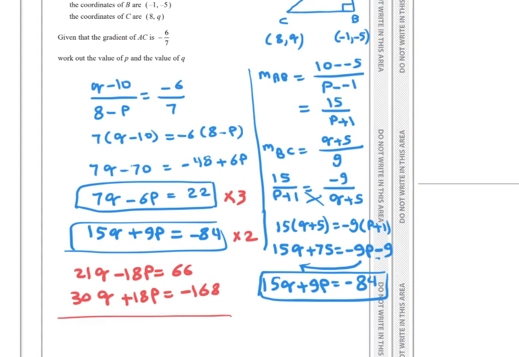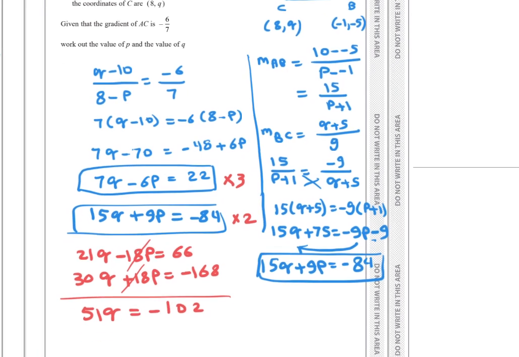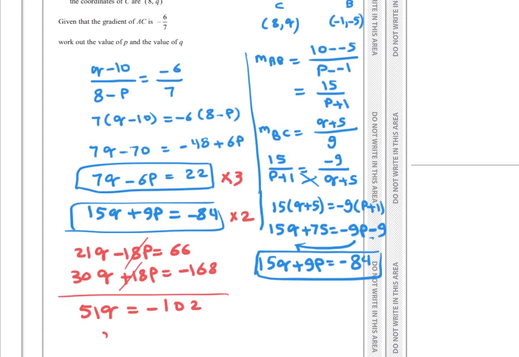Now add them to eliminate B. So 21 plus 30, 51Q equals negative 102. Divide by 51, so Q equals negative 2.